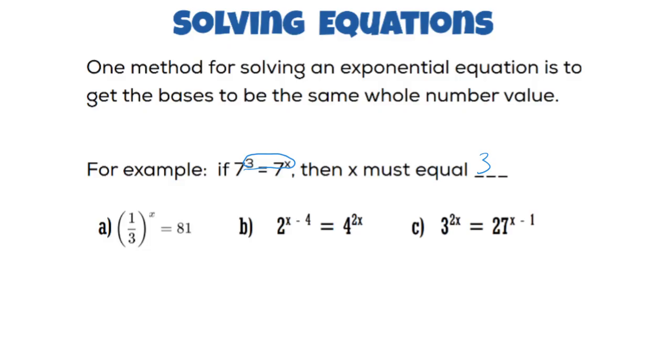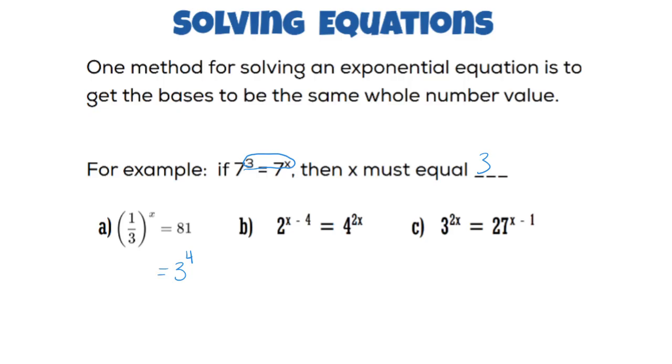What jumps out at me is 3. It does help if you know some of your powers, so you may need to refresh your memory. I know that 3 squared is 9, 3 to the third is 27, and 3 to the fourth is 81. So I'm going to rewrite this 81 as 3 to the fourth power.